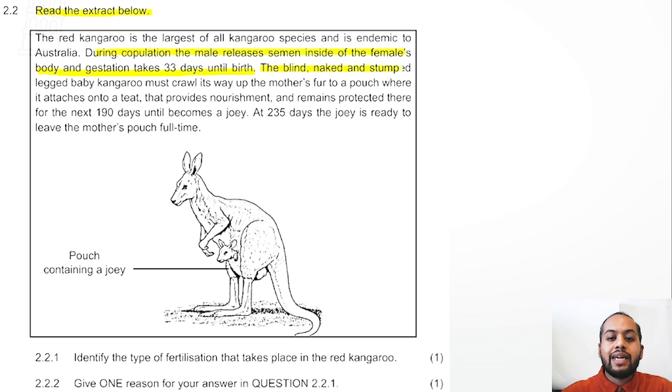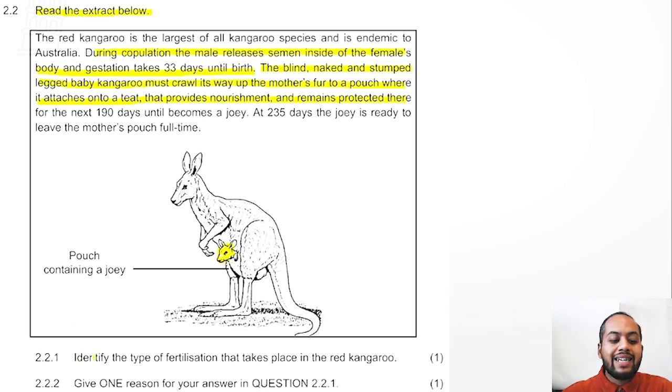The blind, naked and stump-legged baby kangaroo must crawl its way up the mother's fur to a pouch where it attaches onto a teat, which then provides nourishment and remains protected there for the next 190 days until it becomes a joey. At 235 days, the joey is ready to leave the mother's pouch full time. So here you have the pouch containing a joey. And here the baby is coming out.